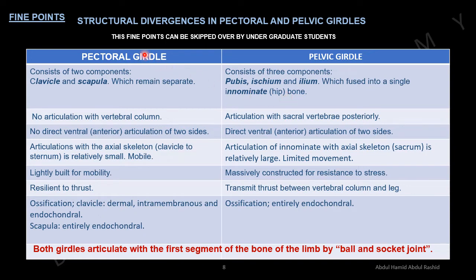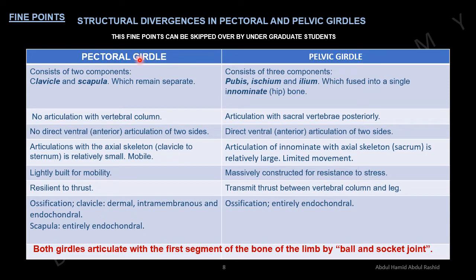Pectoral girdle has no articulation with vertebral column. Pelvic girdle has articulation with the sacral vertebra posteriorly. Pectoral girdle has no direct ventral, that is anterior, articulation of two sides. Pelvic girdle has direct ventral, that is anterior, articulation of two sides at symphysis pubis.